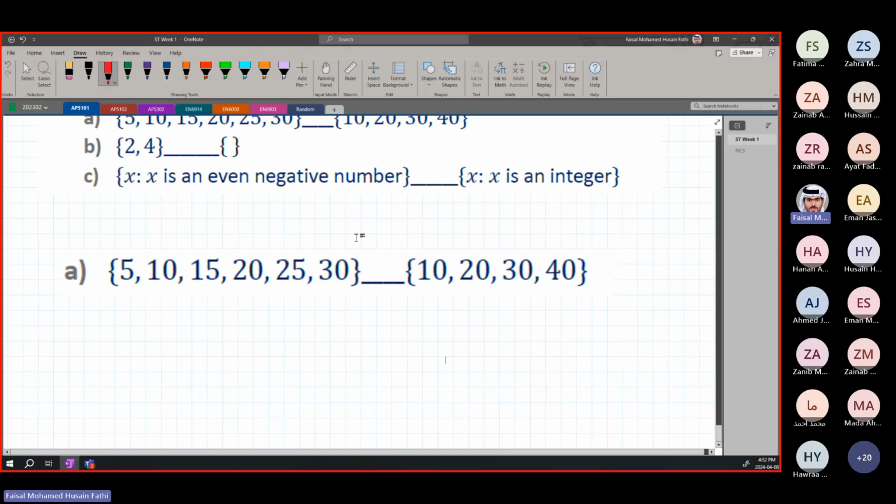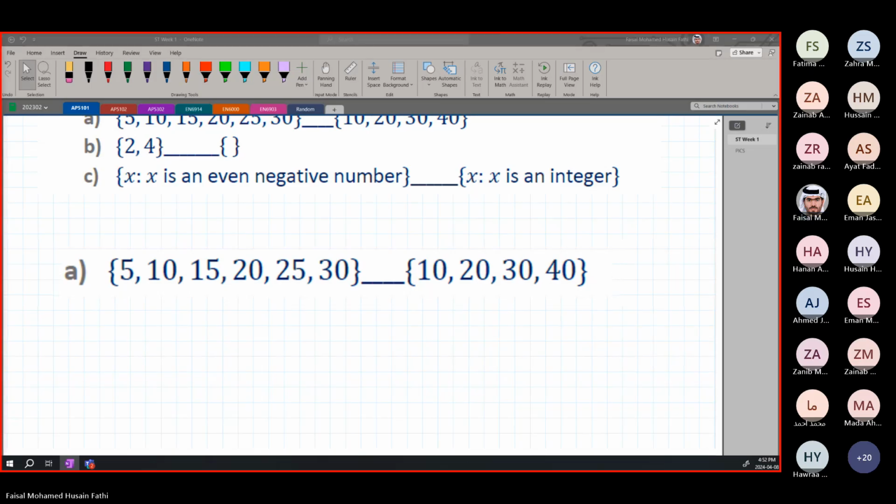Now you guys tell me, since we already did an example, is this a subset, yes or no? Is 5, 10, 15, 20, 25, 30 a subset of 10, 20? Yes or no? Insane. All of you are saying no. Someone said yes, but then deleted instantly.